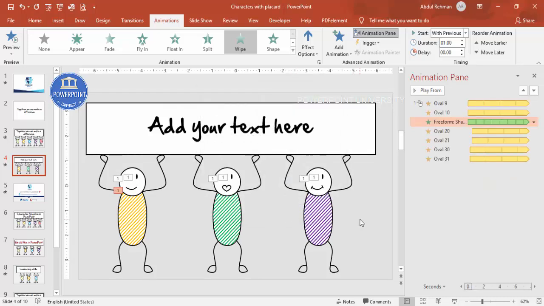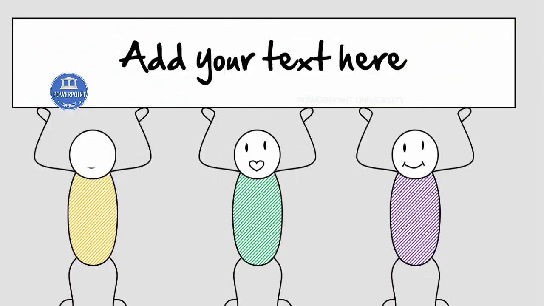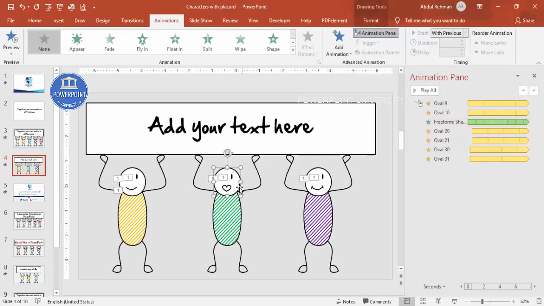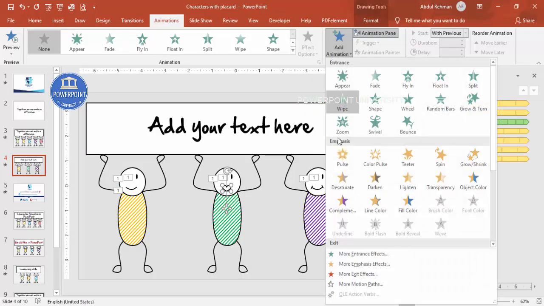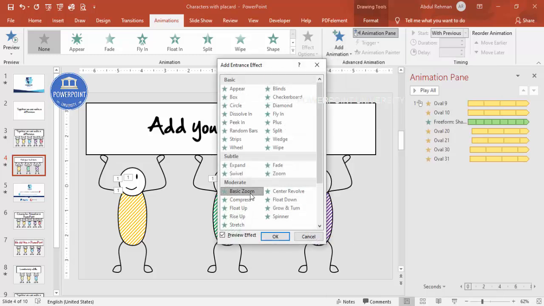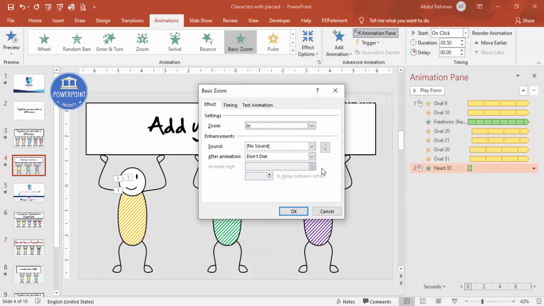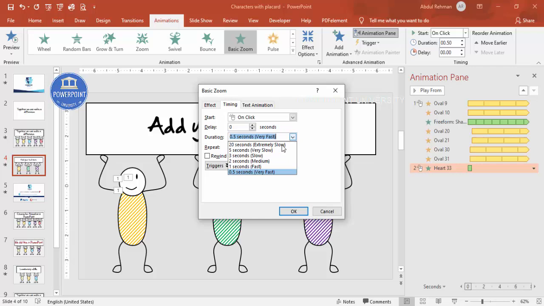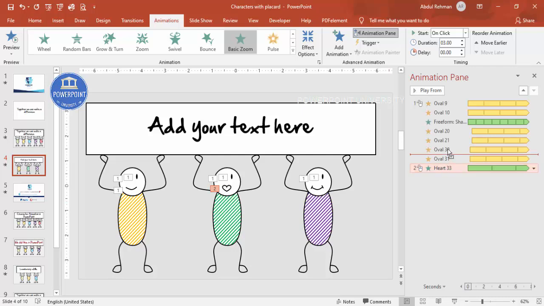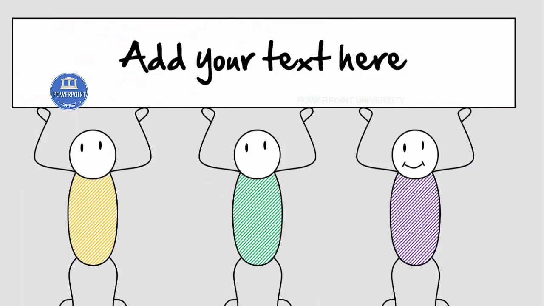Click OK, and if I play, so you can see here, and for this I can make it add animation, more entrance effects. I can select basic zoom, maybe click OK, double click this, timing, make it slower until end of the slide, click OK, and I'm going to bring it here with previous.